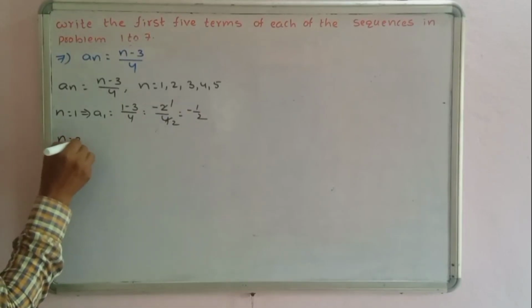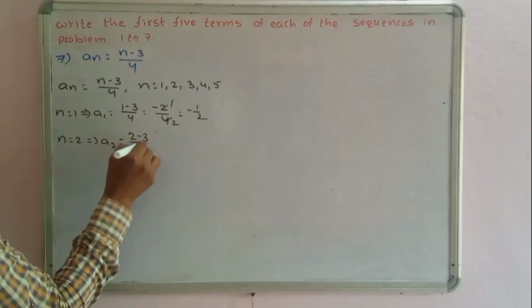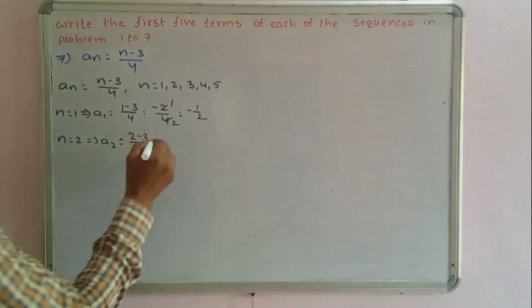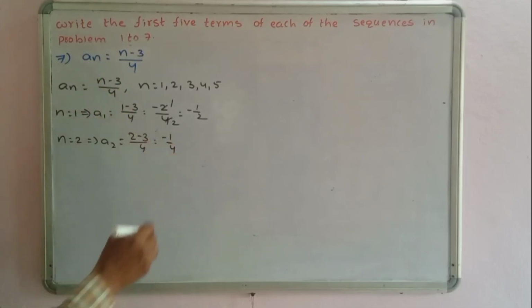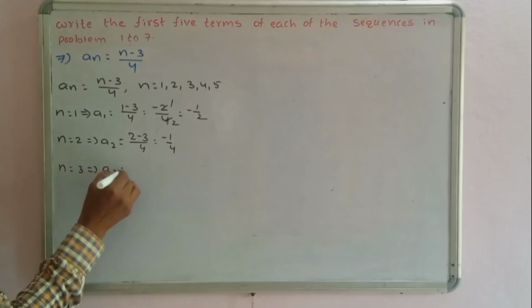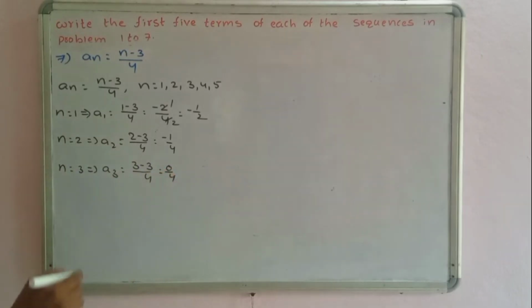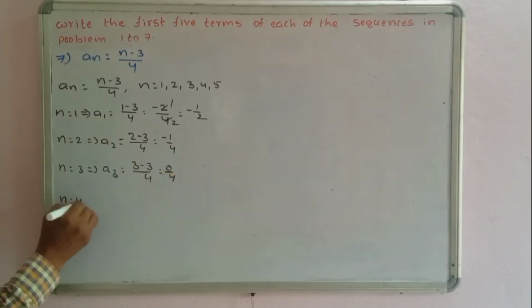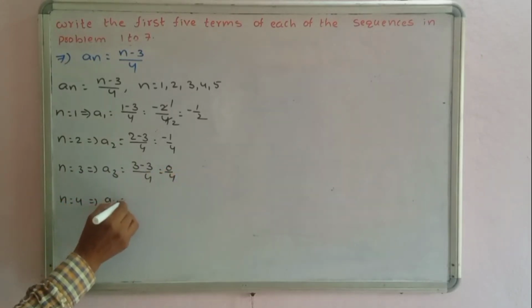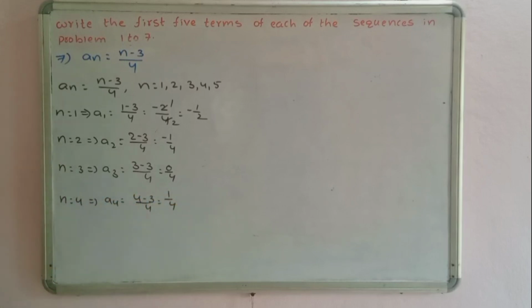n equals 2. a2 equals 2 minus 3 by 4, that is minus 1 by 4. n equals 3. a3 equals 3 minus 3 by 4, that is 0 by 4. n equals 4. a4 equals 4 minus 3 by 4, that is 1 by 4.